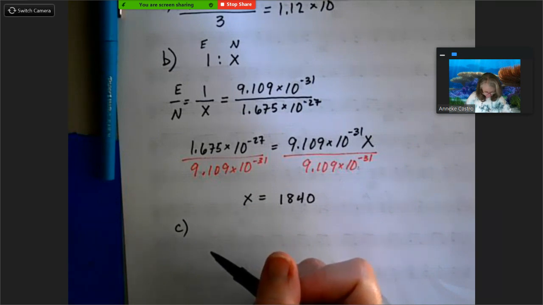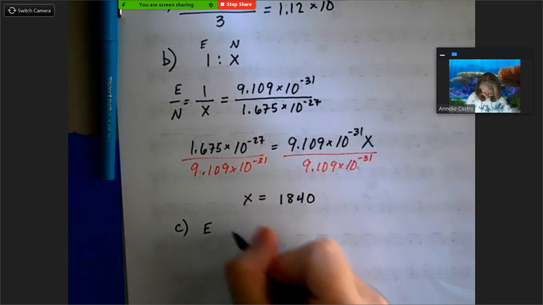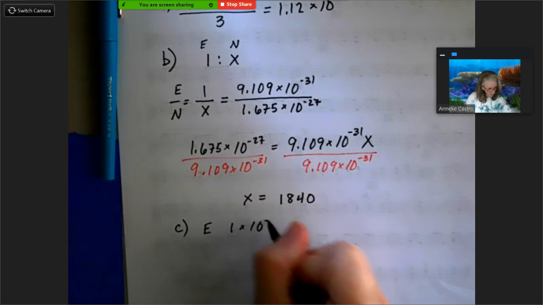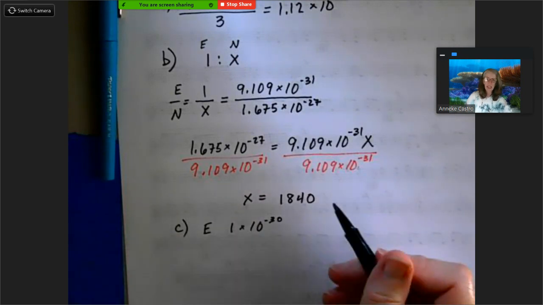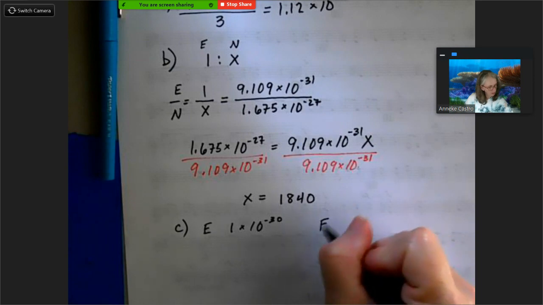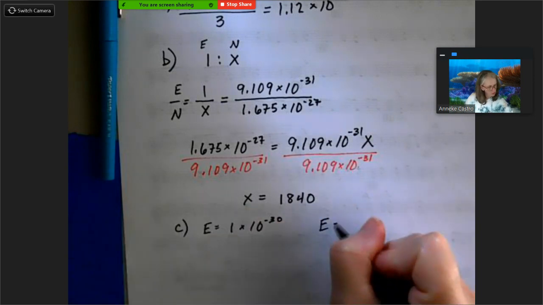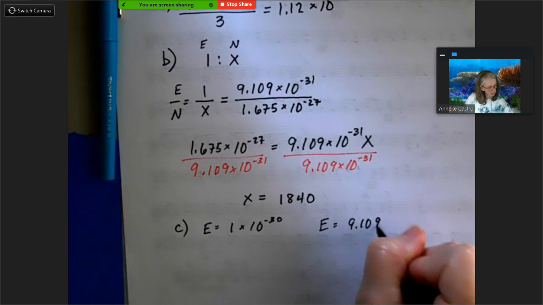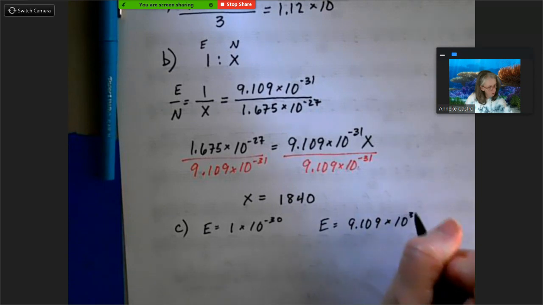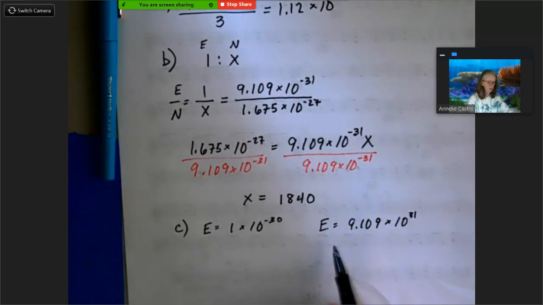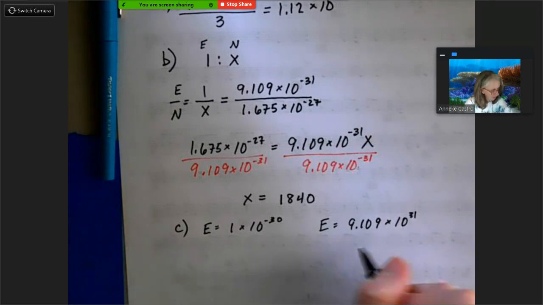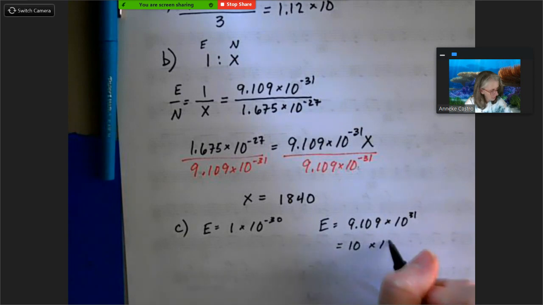And then part C, it says something about percent error in the mass if we assume the electron to be 1 times 10 to the negative 30th, whereas in our table it said that the mass of an electron was equal to 9.109 times 10 to the negative 31. So basically they're saying, what if we rounded this 9 off to a 10? They're rounding it up to 10 times 10 to the negative 31st.